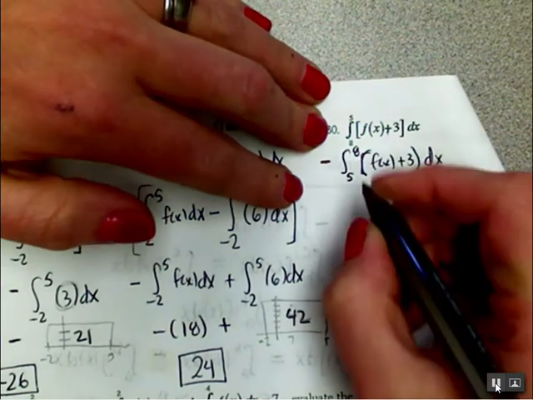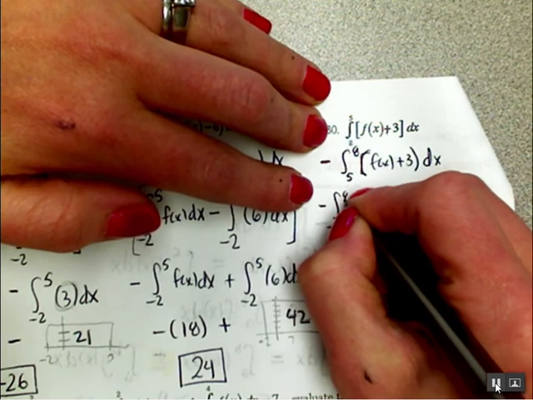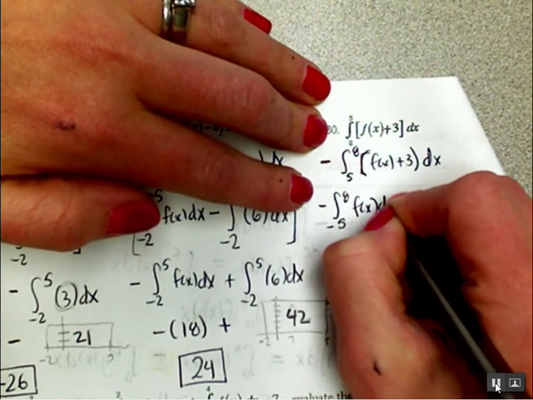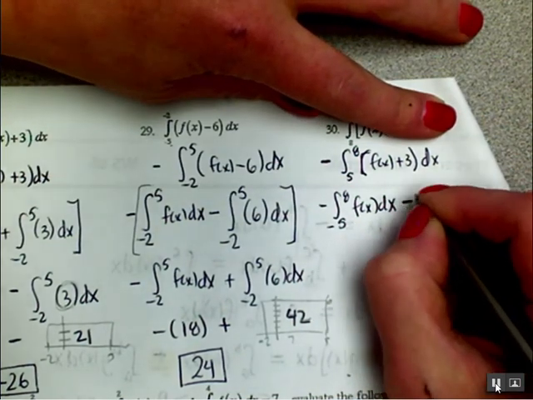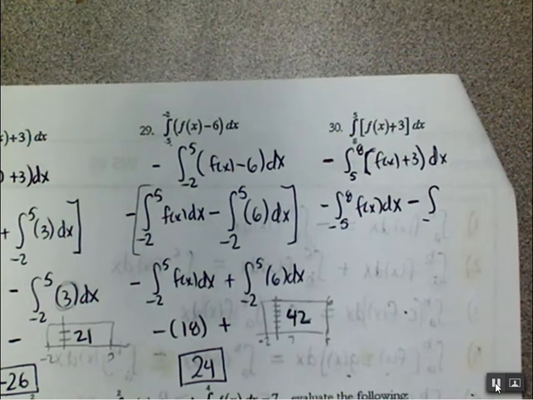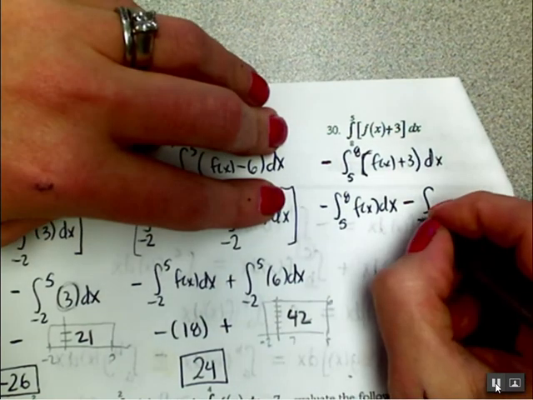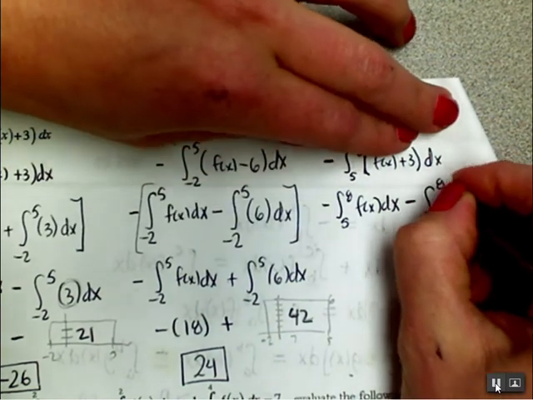Okay, now let's separate. Negative 5 to 8 f of x dx minus, oh, that's a positive 5. Okay. 5 to 8.